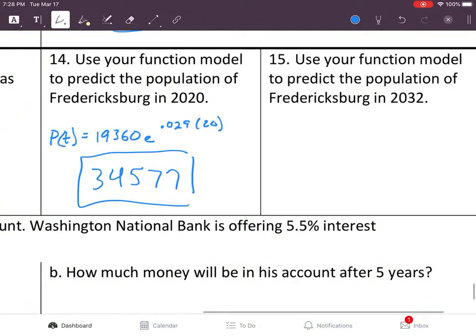All right, and last one, we have the same idea. E to the 0.029. This time we're going to be 32 years.